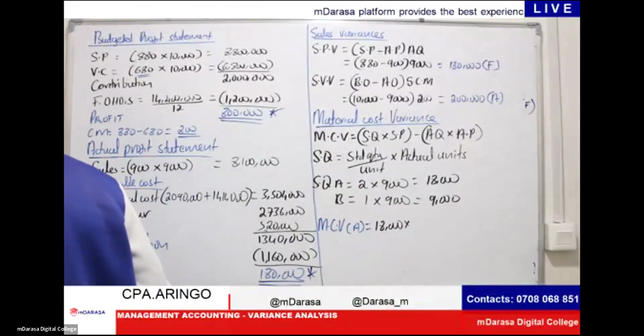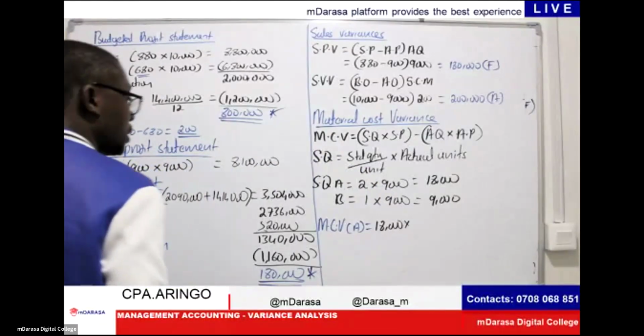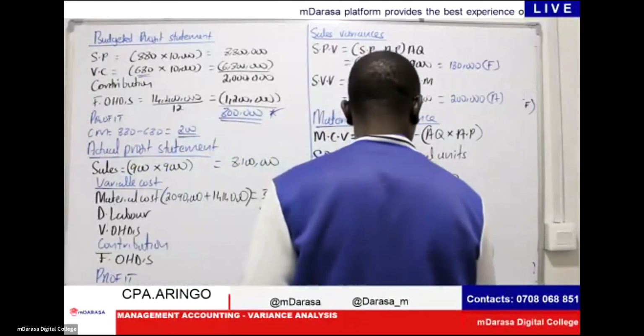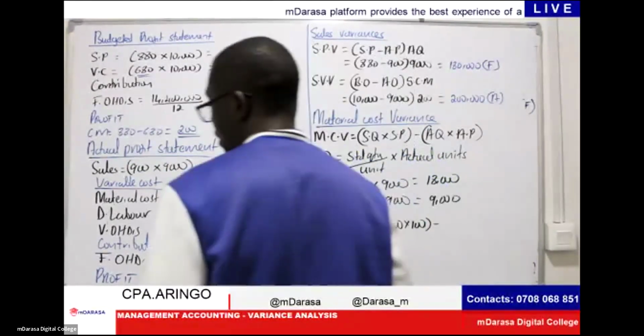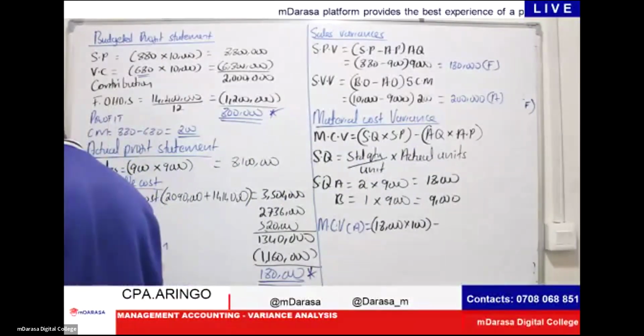You are given the standard price for material A to be 100, less our actual cost.